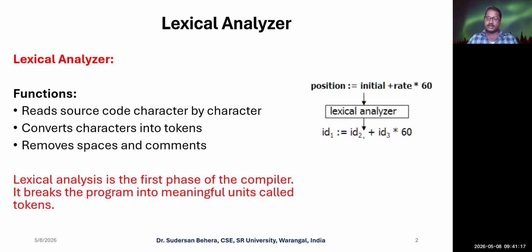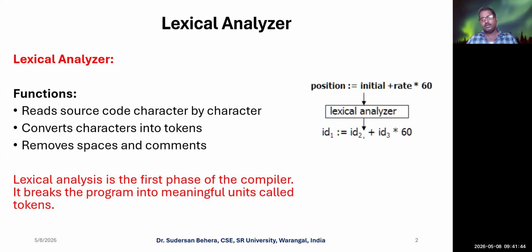Rate is again an identifier because it is user defined. What is the sequence of this identifier? The sequence of the identifier is 3. So it generates the token type ID3.